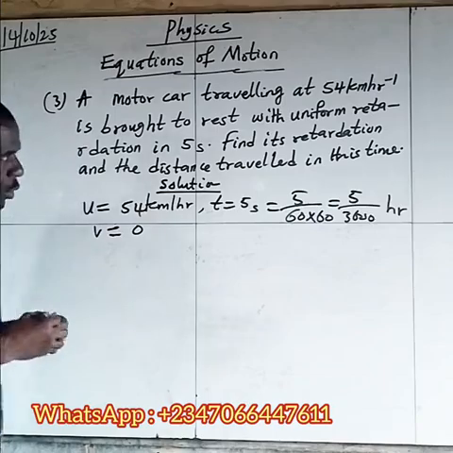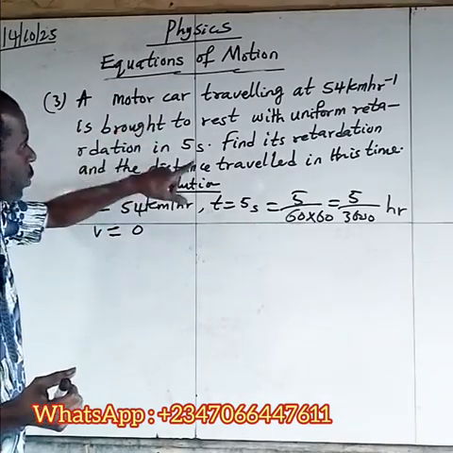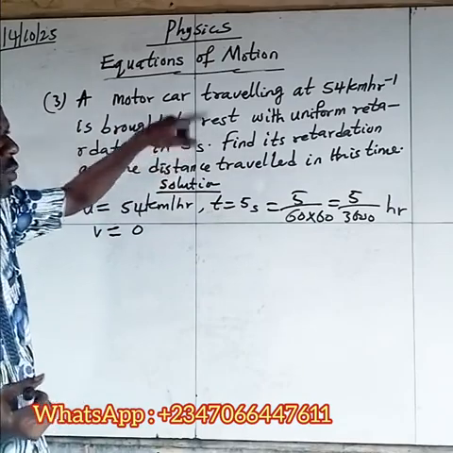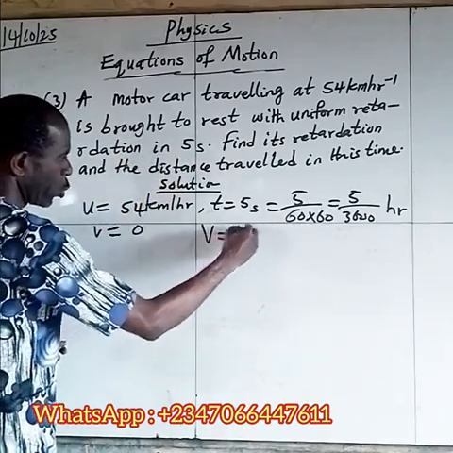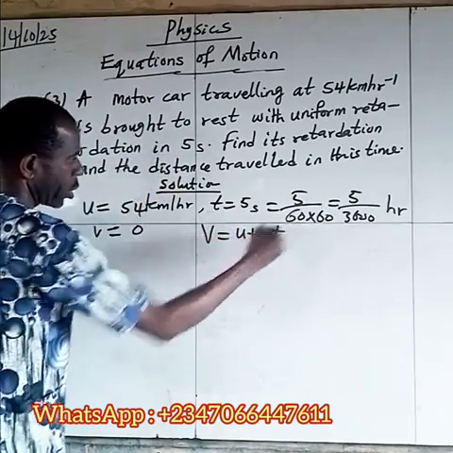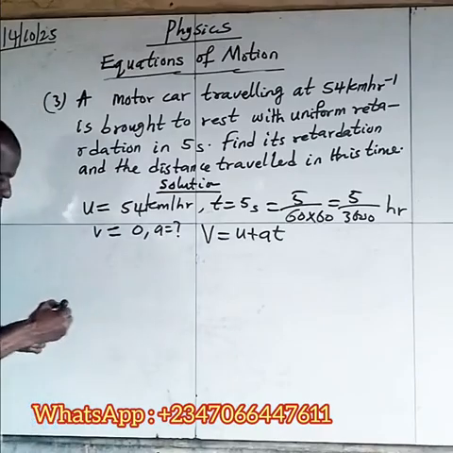Now let us look at which equation contains acceleration, because the acceleration is now on the negative side, which is the retardation. The equation we are going to use is v equals u plus at. We are looking for a, because a is unknown; that is the deceleration.